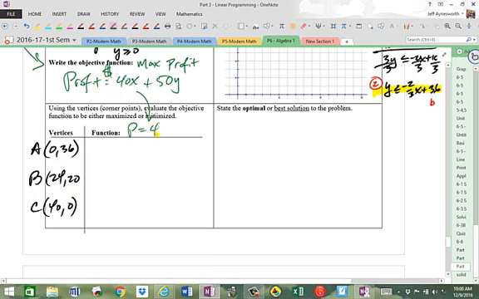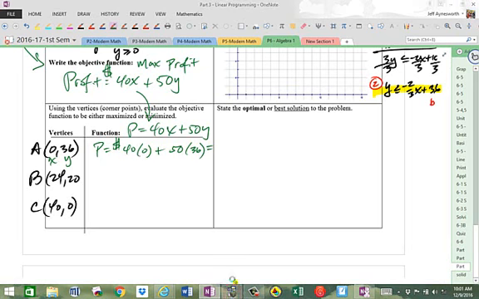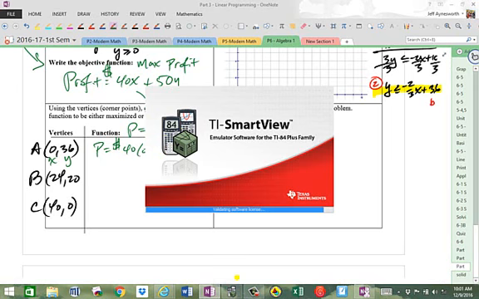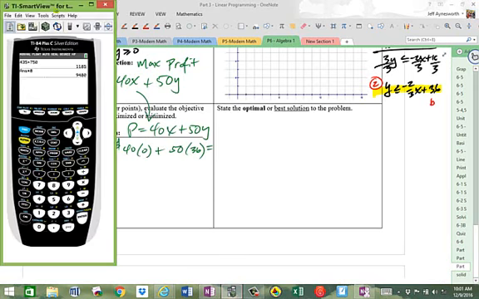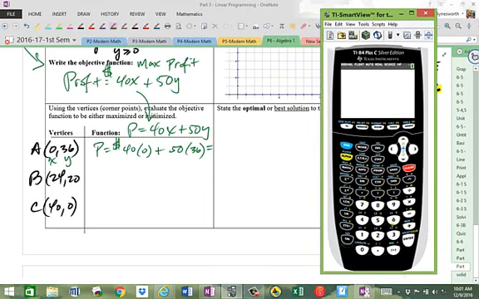For the first one, we take 40 times 0, plus 50 times 36. You can use your calculator anytime, or you can do a little side arithmetic. 40 times 0 is 0, obviously, but you have to figure out what 50 times 36 is. That's going to be 1800. So this gives a profit of 1800.